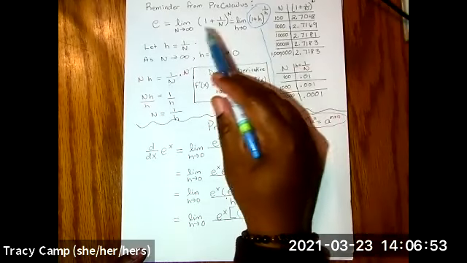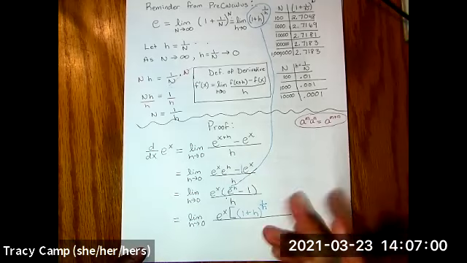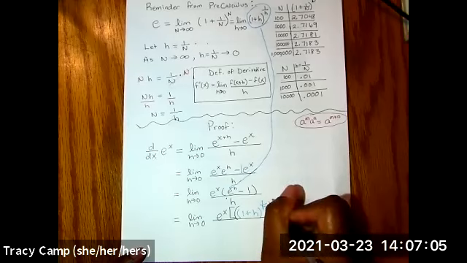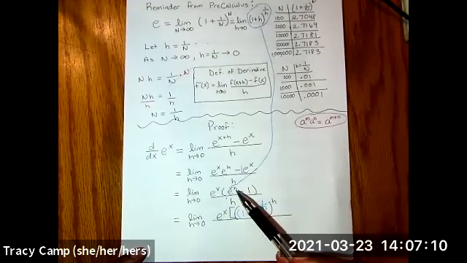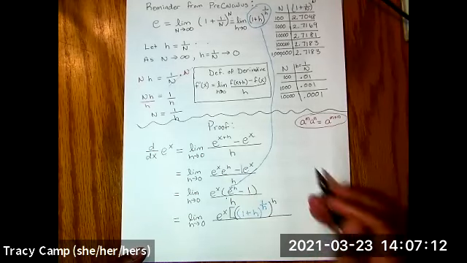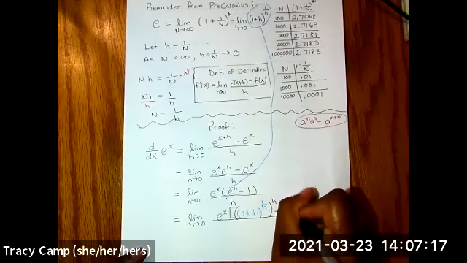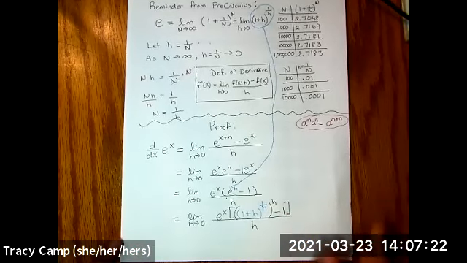That's just my e. And then notice that this is all raised to the power of h. So I need to say, okay, and then this is all raised to the power of h. So the blue part, that's just my e. And then I have the h hanging out there as a power. And then I'm just bringing down my minus 1. And that's what we have. And then this is all over h. So yeah, it's a mess.